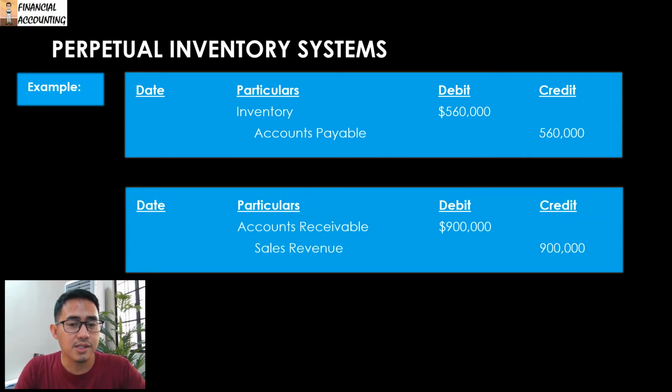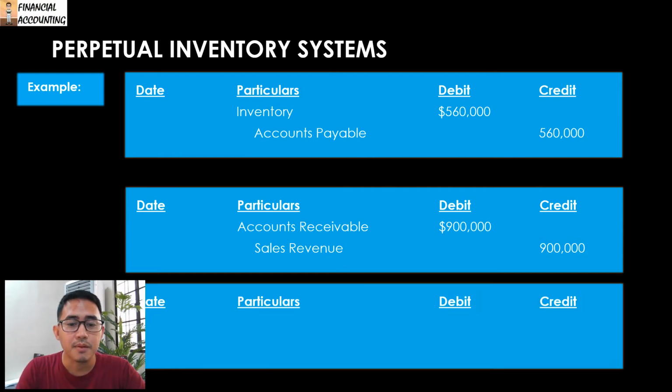And if you sold something from your inventory, your entry would be, for example, you sold 900,000 on account to various customers. So debit accounts receivable 900,000 and credit sales revenue of 900,000.